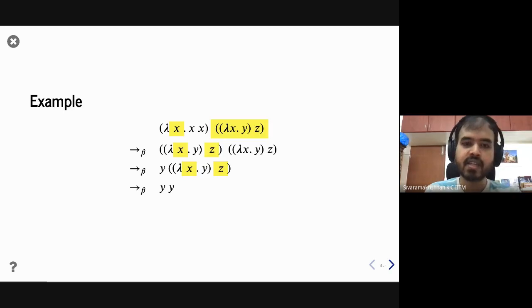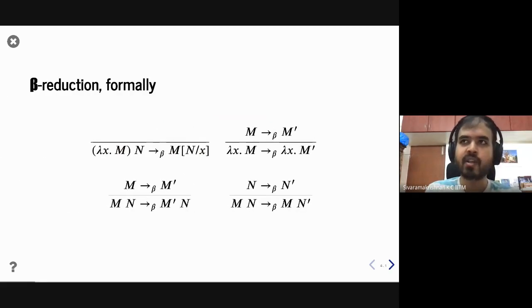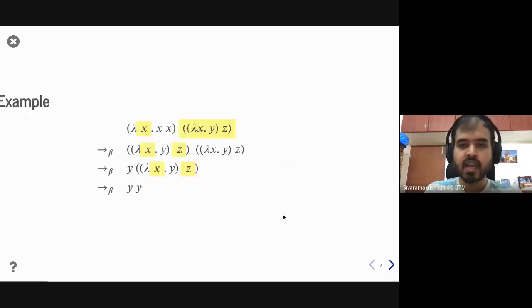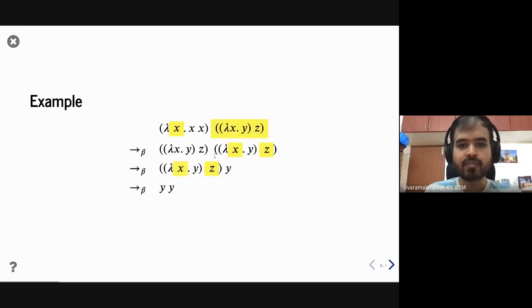As I mentioned earlier, you can apply these rules in any particular order, right? I can either reduce the function argument or the value argument. This one is reducing the function argument, this is reducing the value argument. Similarly, you can also do other ways of reducing it. Here I first reduce the outermost term, so I get the term replicated twice because I am applying x to x here.